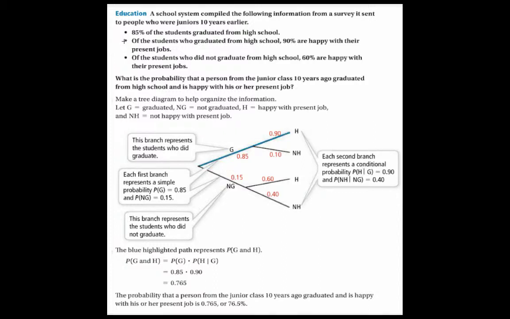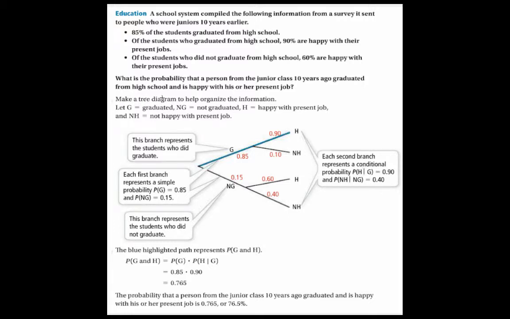Of the students who graduated from high school, 90% are happy with their present jobs. Of the students who did not graduate from high school, 60% are happy with their present jobs. What is the probability that a person from the junior class 10 years ago graduated from high school and is happy with his or her present job?